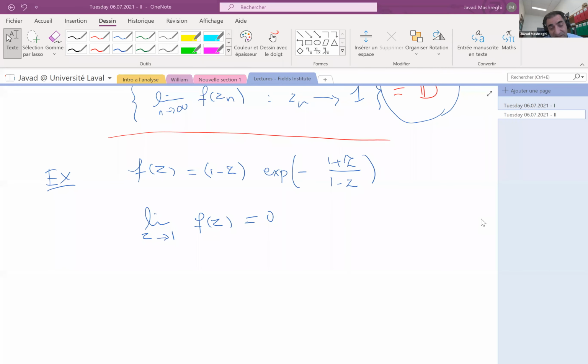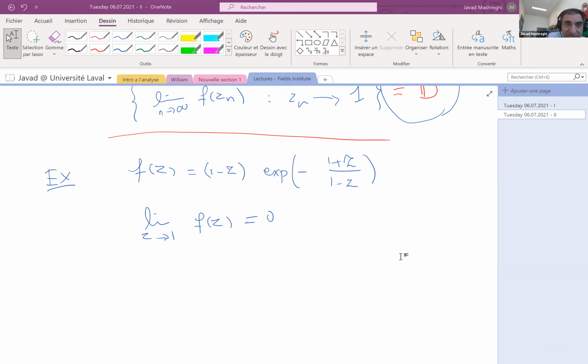And in the context of Hardy spaces, either we consider H infinity or H p, this is always the case. Non-tangential and radial coincide. You're welcome.